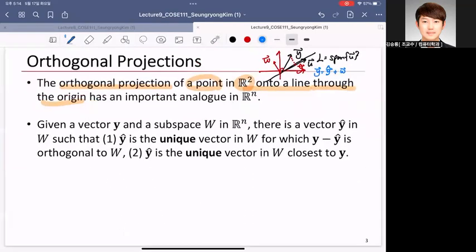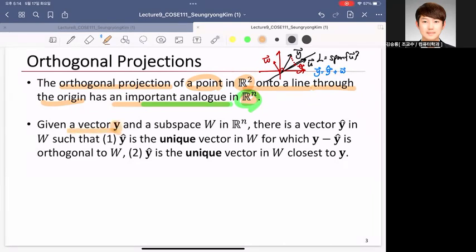Then in this chapter, we will extend this concept to arbitrary Rn space, not R2 space anymore, general Rn space. Then it has an important analogy in Rn space. Okay, let's get started. So here's the general definition of the orthogonal projection in Rn space.